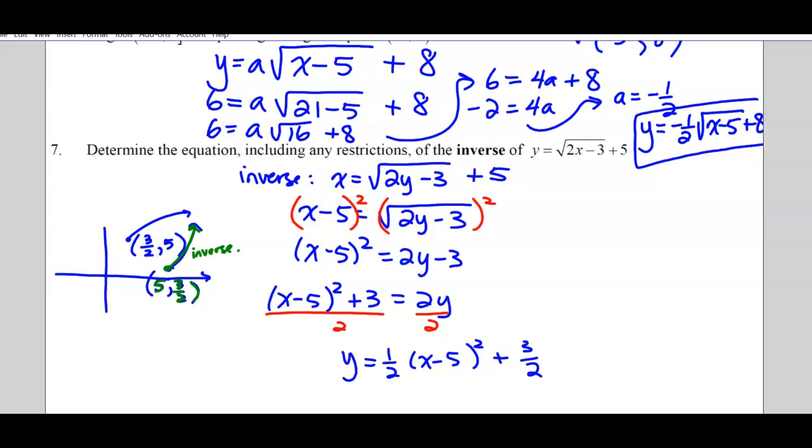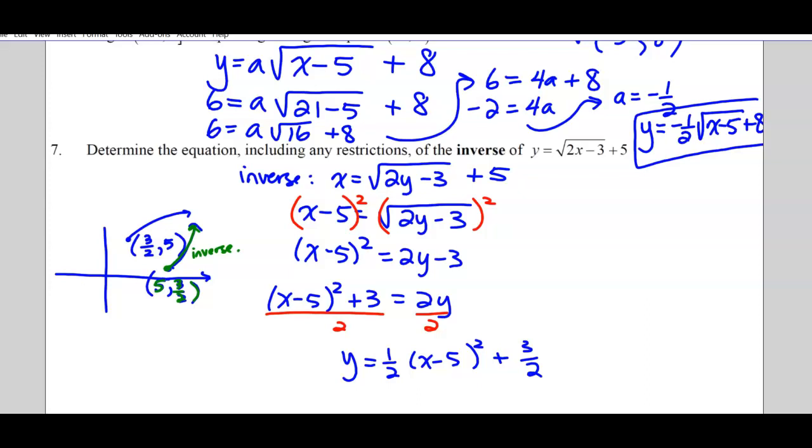Okay, so there's my original. It looks something like this. I do my algebra to get my inverse. So I interchange x and y, solve for y. Now I get a parabola. It would have two arms here. That's not the inverse of a radical, right? A radical is one arm. This would have two arms. So I've got to restrict this so that I only get the one arm.